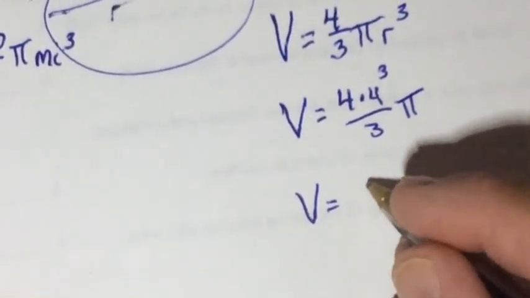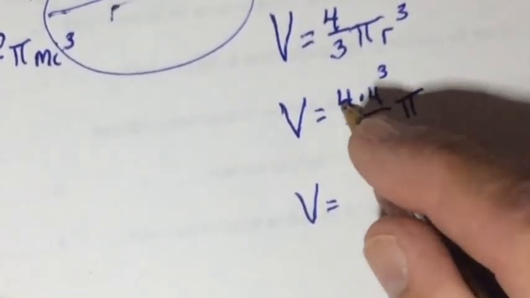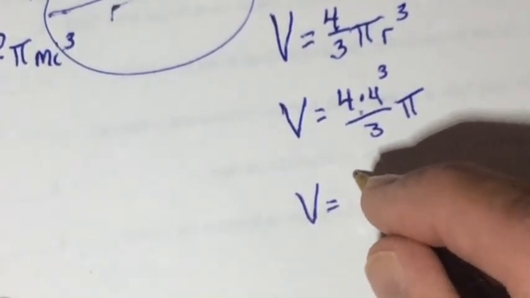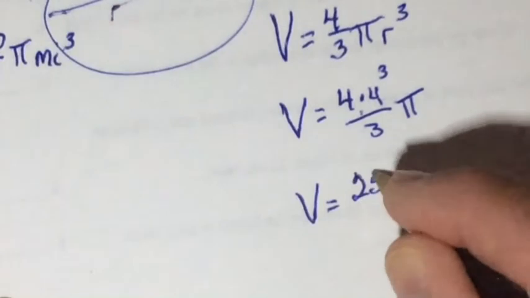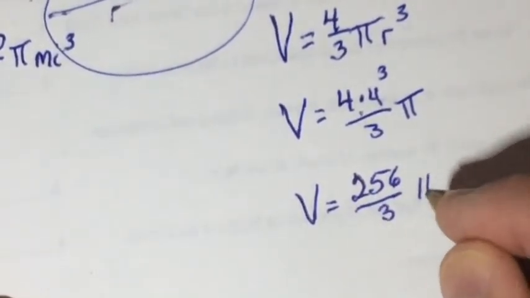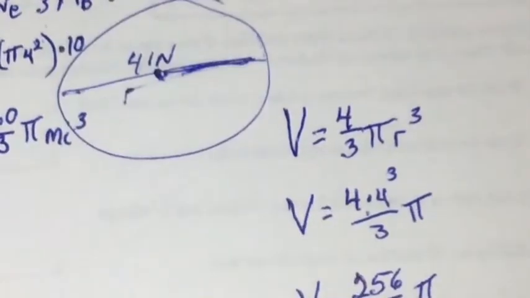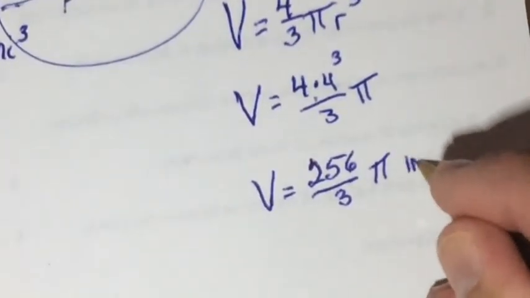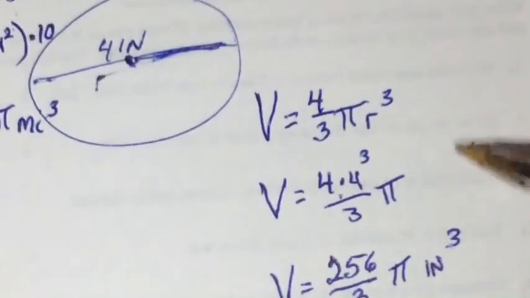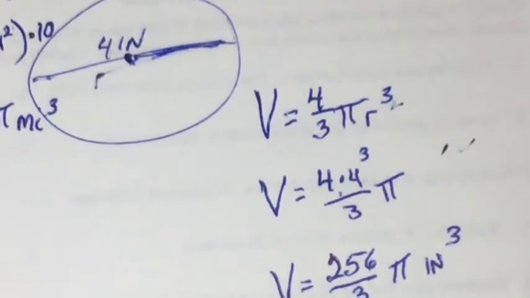And 4 times 4 is 16, and 16 times 16 is 256, I think, divided by 3 pi. And this was inches cubed. In other words, it's just a question of plugging the numbers into the equations.